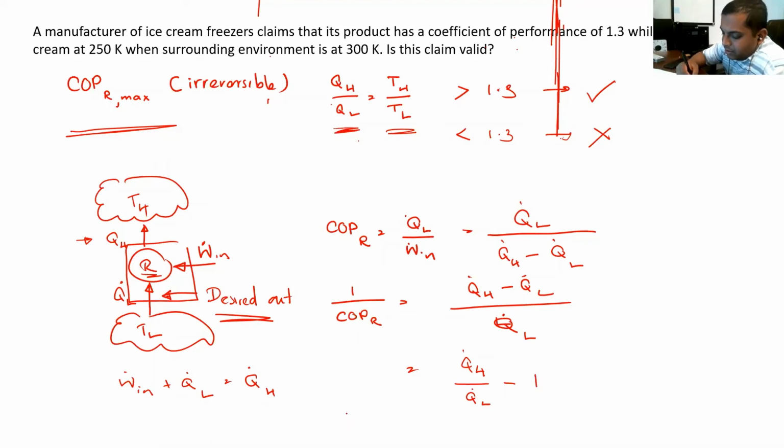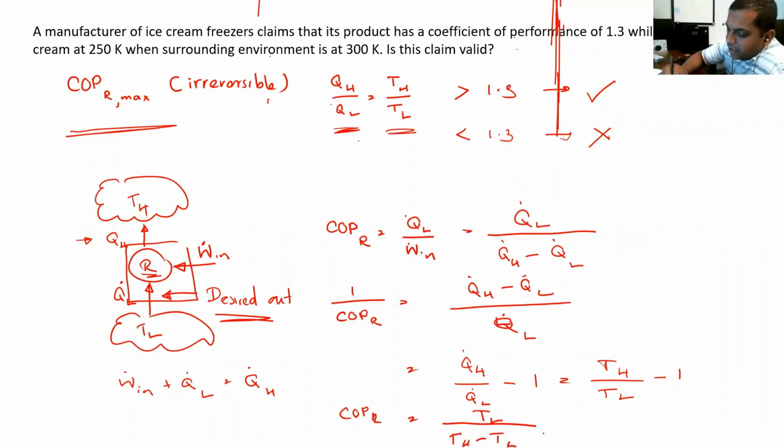And we can turn this again to COP R is equal to TH over TL minus 1, and we can turn this again to TL over TH minus TL.